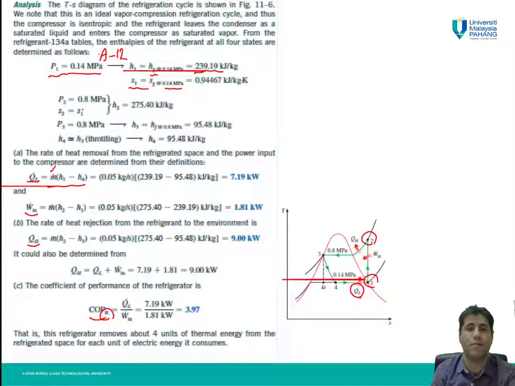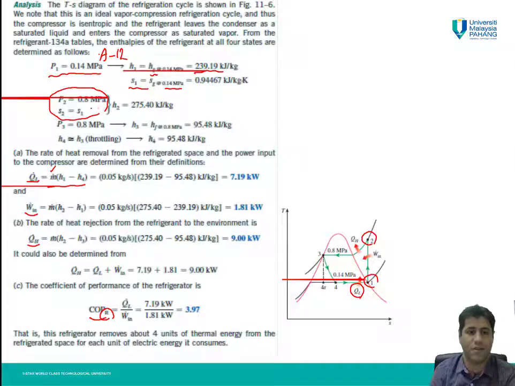It is given by the question. And the entropy is equal to the entropy we have for state 1, a constant entropy process in the compressor. So S2 is equal to S1, entropy at state 2 is equal to entropy at state 1, and we also know the pressure.